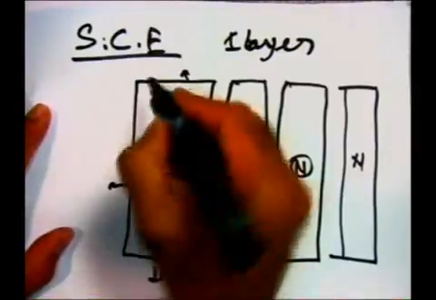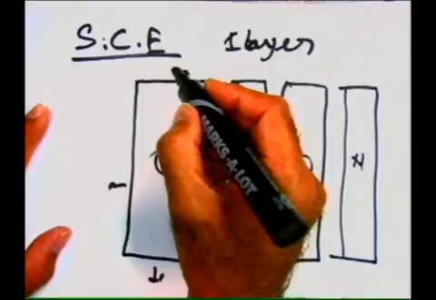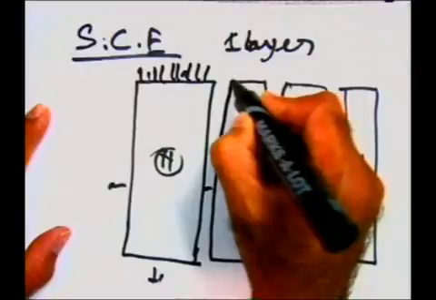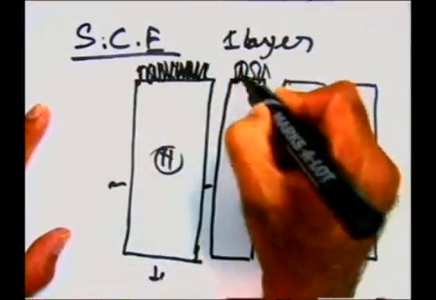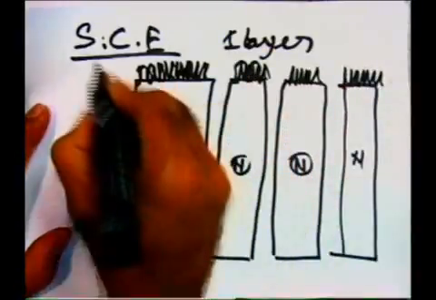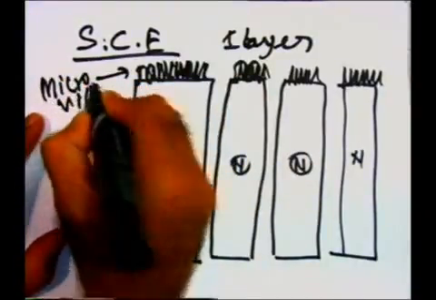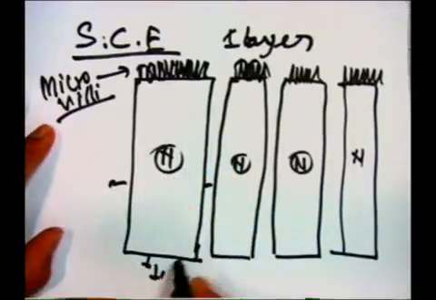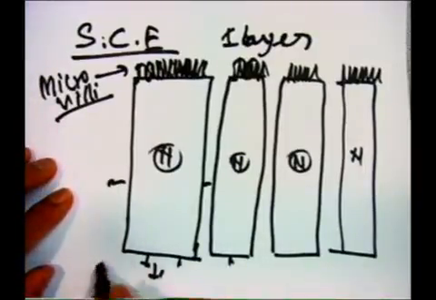The free surface is modified, with a striated border or a prominent fuzzy coat, which I am writing as microvilli. In columnar epithelium you have microvilli on the free surface. And the basal surface is modified as hemidesmosomes.